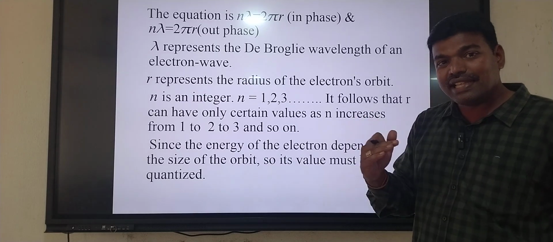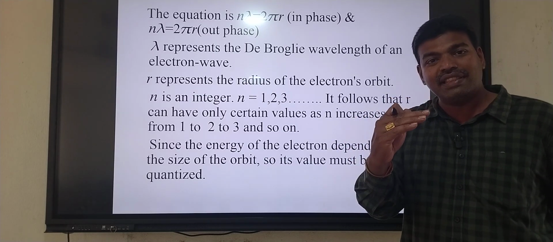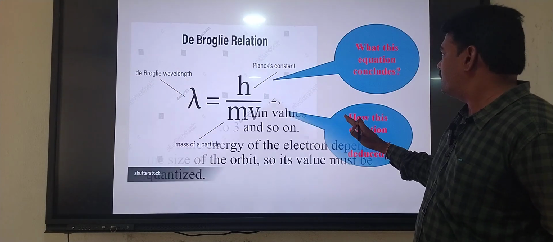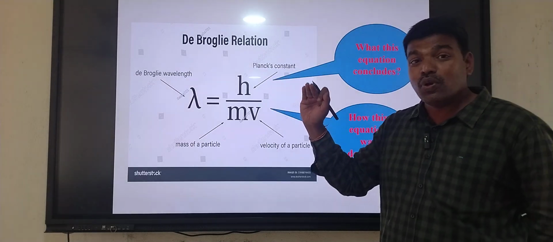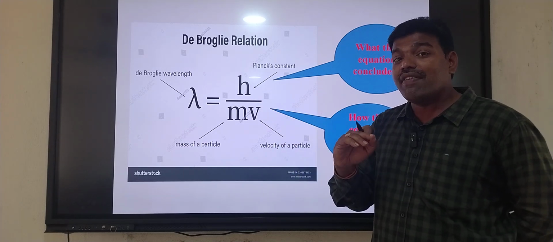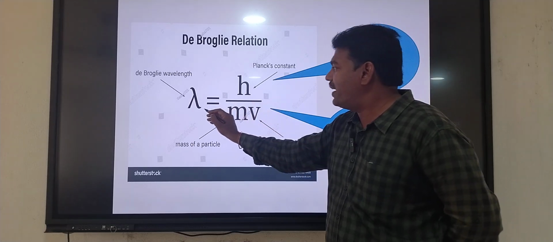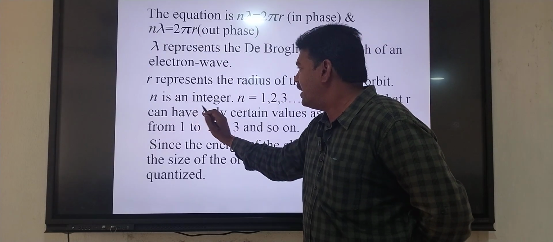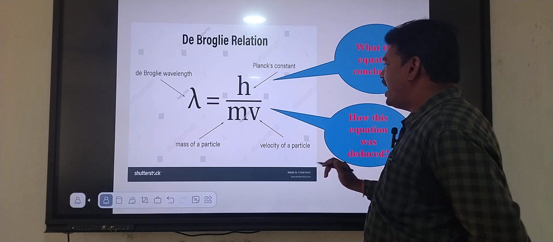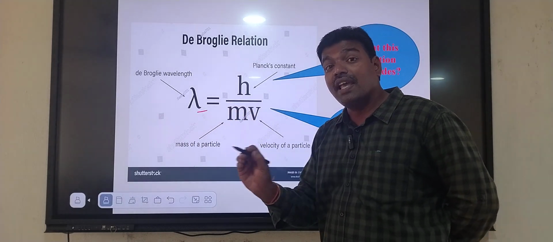You can see the wavelength that is derived by de Broglie. Based on his hypothesis, de Broglie derived a wavelength for this electron wave, where lambda is the wavelength of the electron wave.